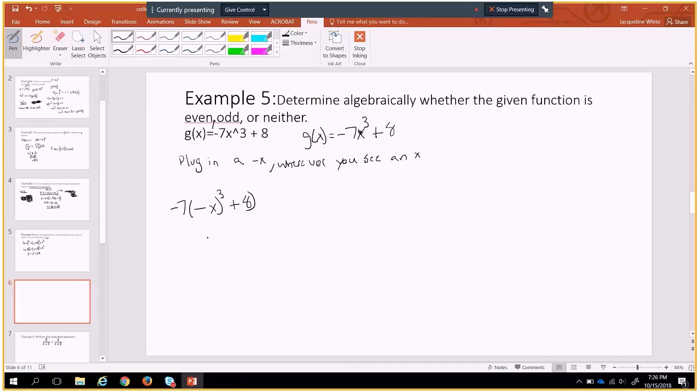Negative x cubed is going to give you a negative x back, so it's basically just negative 7 times a negative x, so that negative turns into a positive 7x cubed plus 8.